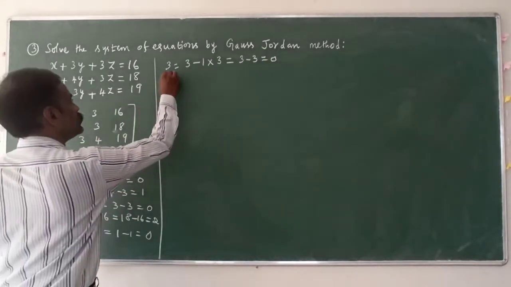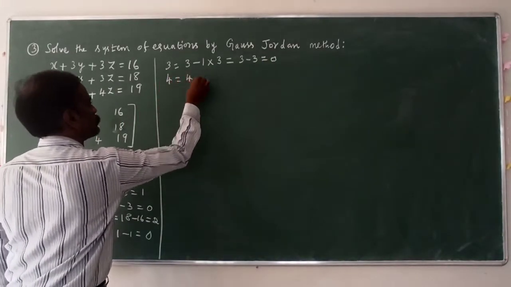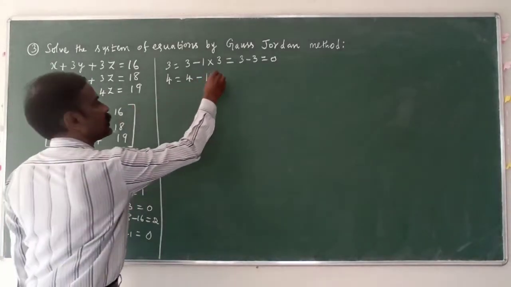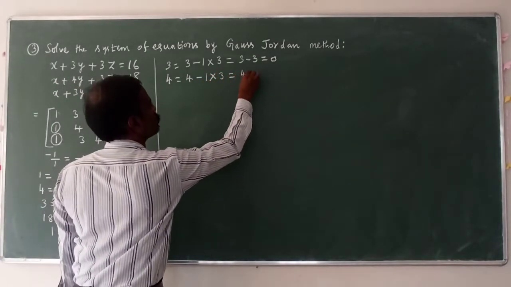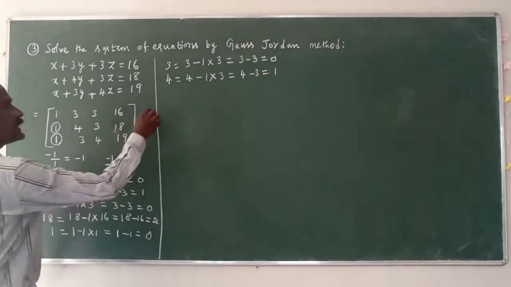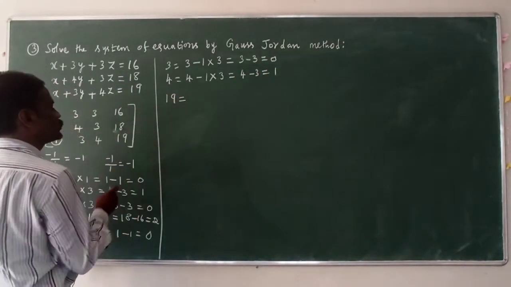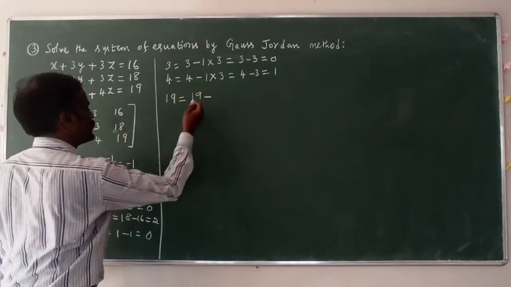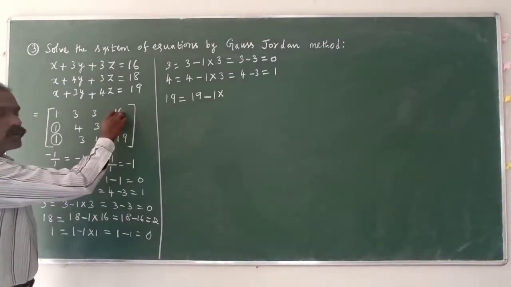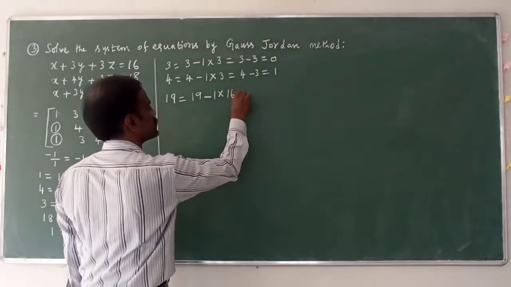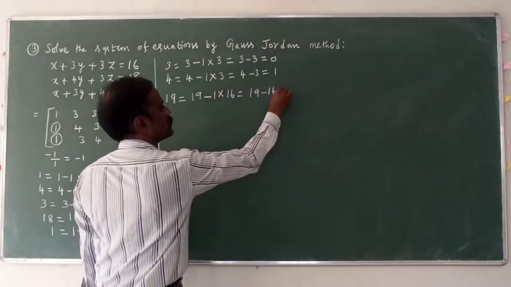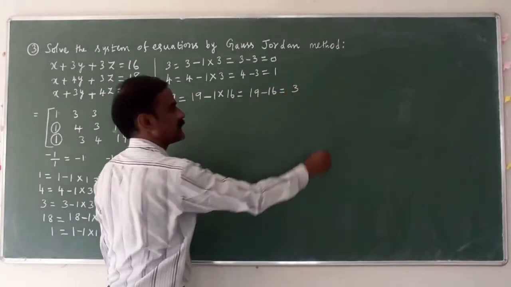Next, 4 minus 1 into 3 equal to 1. Next, 19 equal to 19 minus 1 into 16, and the result is 3.